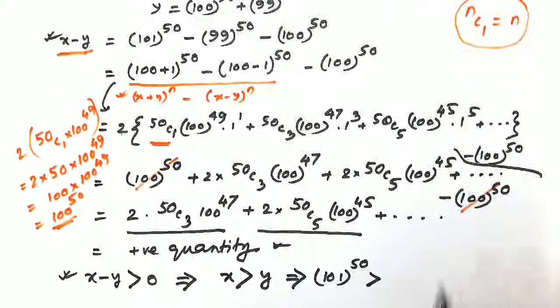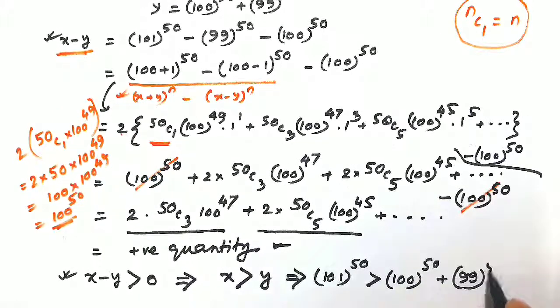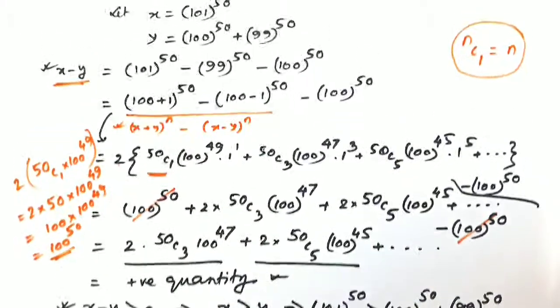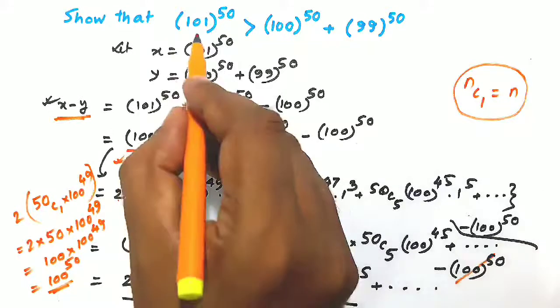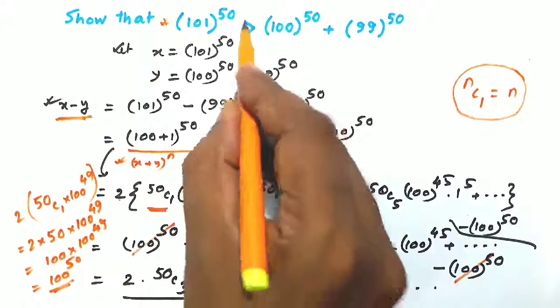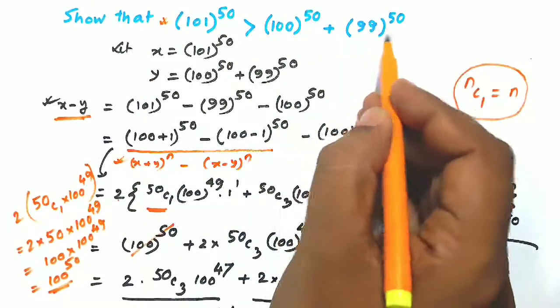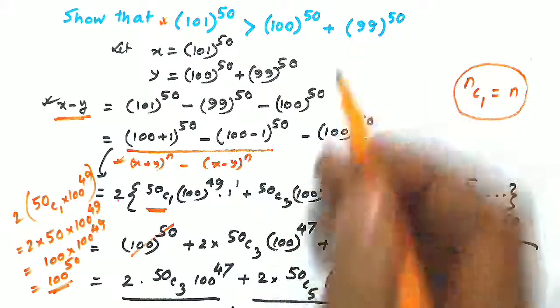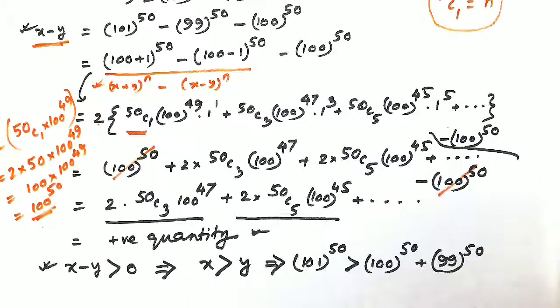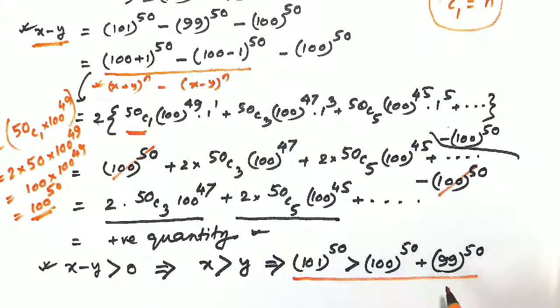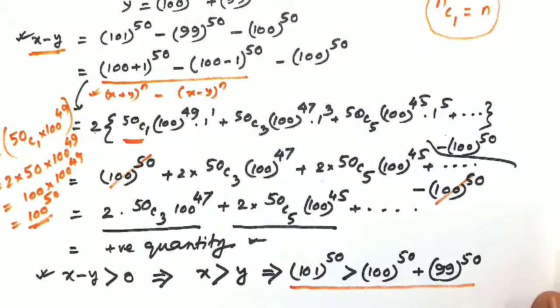So write it here, 100 to the power 50 plus 99 to the power 50. So friends, actually it was our proof. 101 to the power 50 is greater than 100 to the power 50 plus 99 to the power 50. So this is our proof, and finally we got this one.